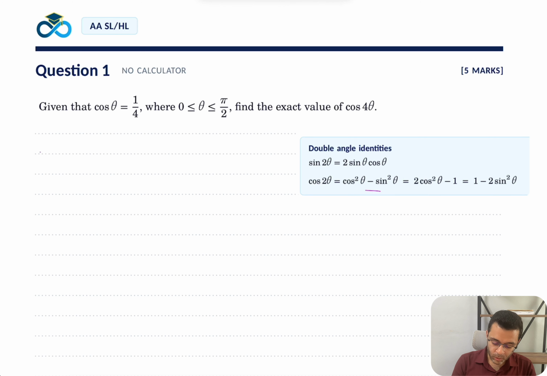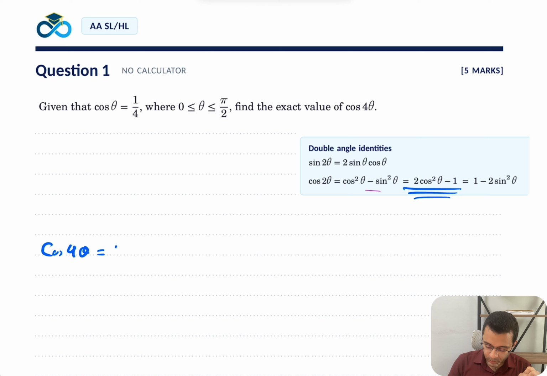The first one will move from 4 theta to 2 theta, because half of 4 theta is 2 theta. This is how it works. And then from 2 theta to 1 theta. We cannot do it in one way, so we have to apply the double angle identities twice. So I will start with what they need here. Cosine 4 theta equals, look, I will apply this because I have only cosines here.